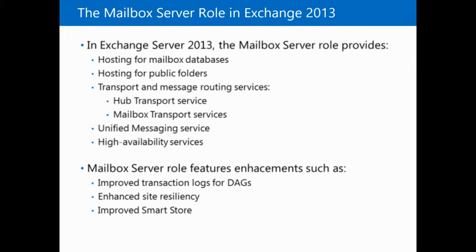These two services communicate with the Hub Transport service to send messages to other servers, and also with the mailbox database to retrieve or submit data to the database. The unified messaging server role, which previously existed as a separate server role, is now also integrated with the mailbox server role.